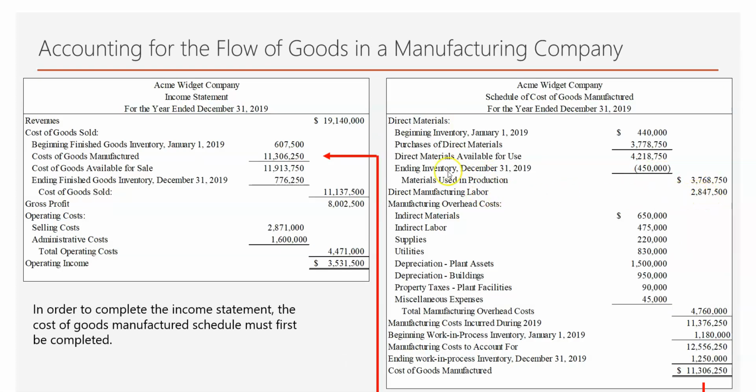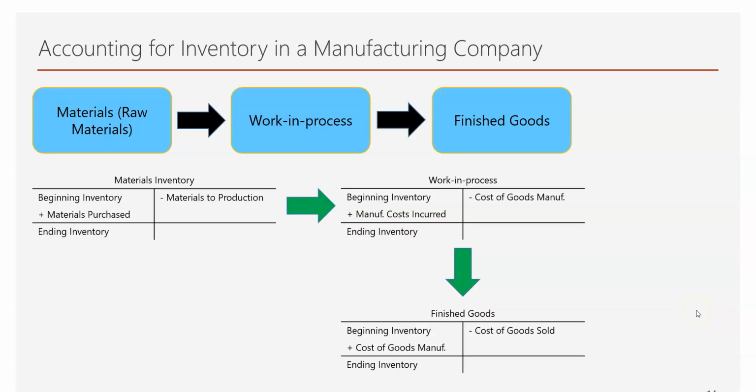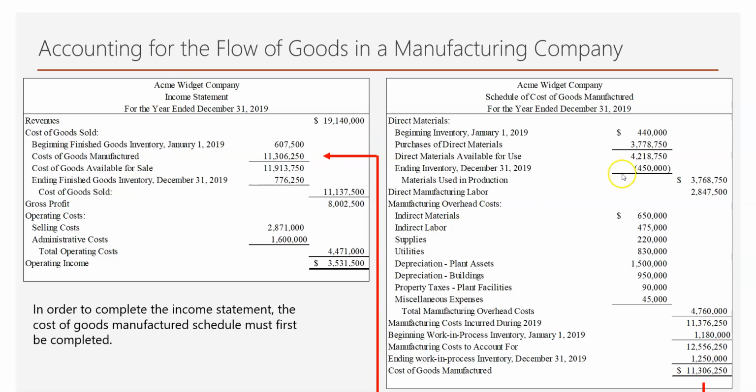Manufacturing labor, we just trace directly as we incur it. Manufacturing overhead costs, those we accumulate separately, but we add all of them together, and I get my total manufacturing overhead costs. So in the work in process, I'm going to take my manufacturing costs incurred, which is the direct materials used in production, direct manufacturing labor, and manufacturing overhead costs, to get my total manufacturing costs incurred.